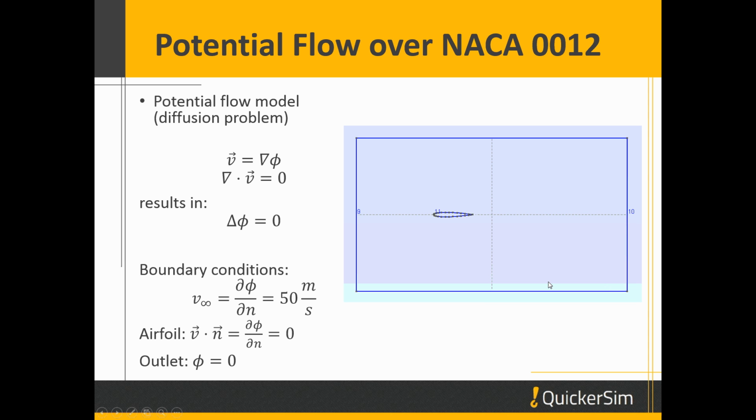We need to figure out what the boundary condition for all the walls is, and for a solid wall, the velocity does not penetrate a solid wall, so you have to specify a zero homogeneous Neumann boundary condition, and you can do the same at some channel walls which are pretty far from the airfoil.